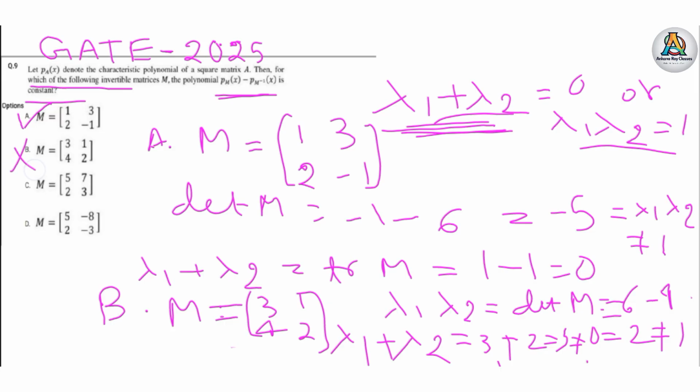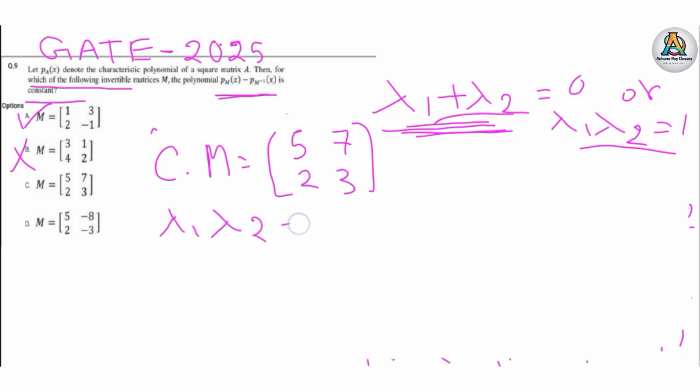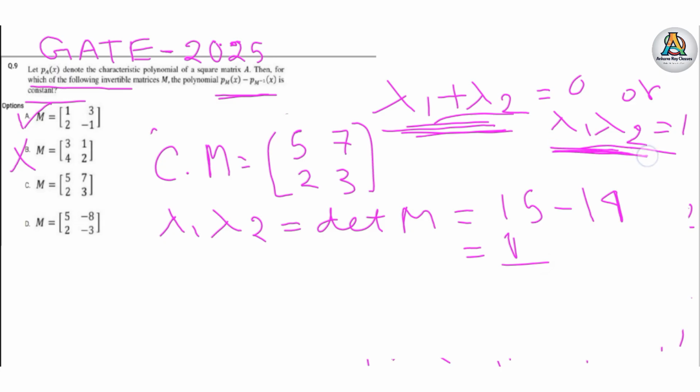So option B is incorrect. Now for option C, M is equal to [5, 7; 2, 3]. Here lambda 1 lambda 2 is equal to the determinant of M, which is 15 minus 14, equal to 1. Therefore, one condition is satisfied, and P_M(x) minus P_M inverse(x) is constant for this M. Therefore, option C is correct.